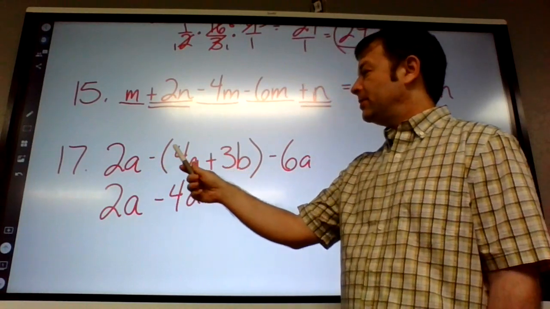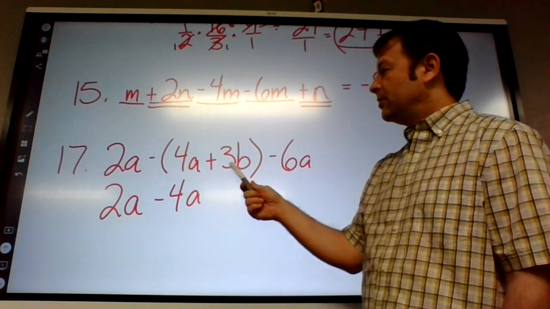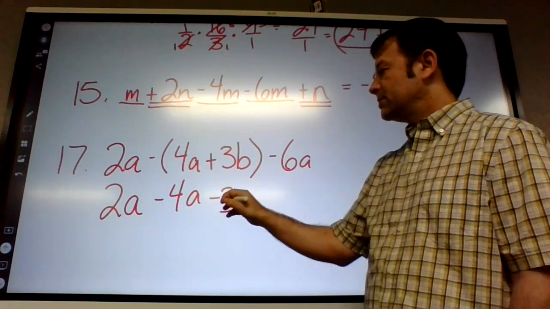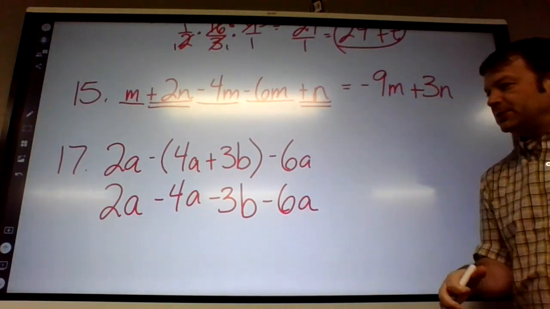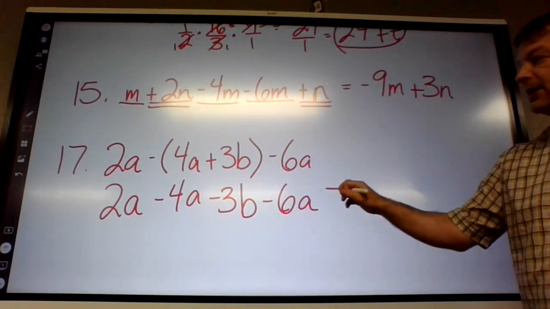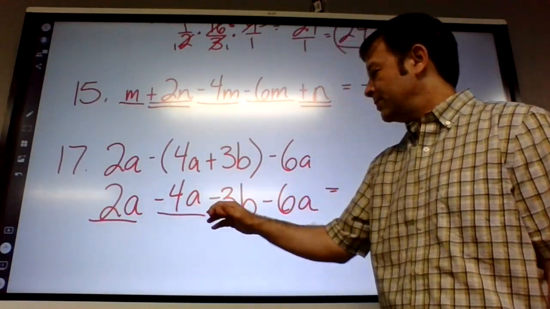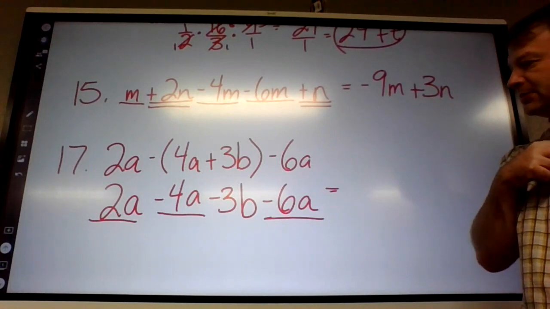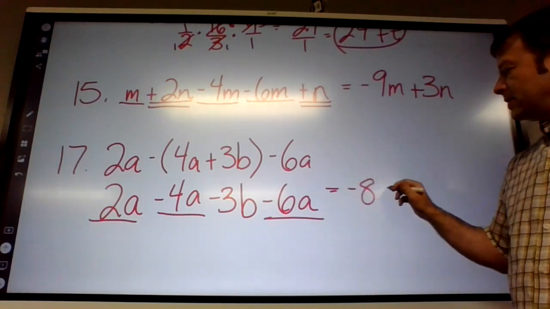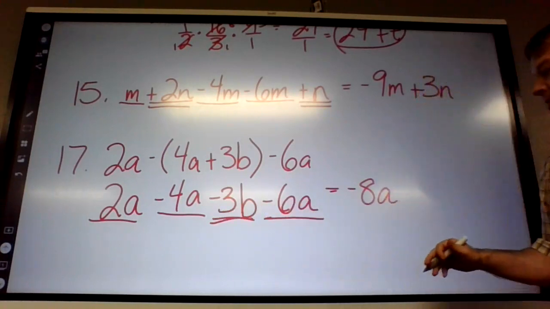So it's not minus 4a plus 3b. It's actually minus 4a minus 3b. So that's what it would look like without parentheses. All right. How many a's do we have? 2 minus 4 minus 6. Negative 8. And then this guy's left over, minus 3b.